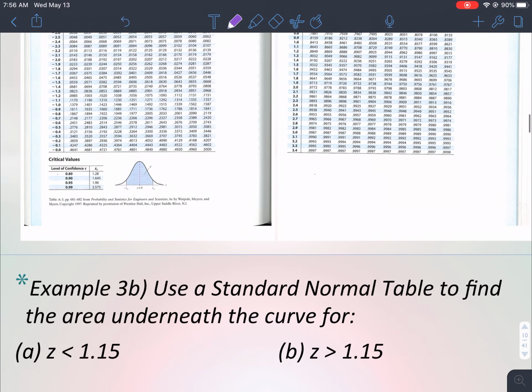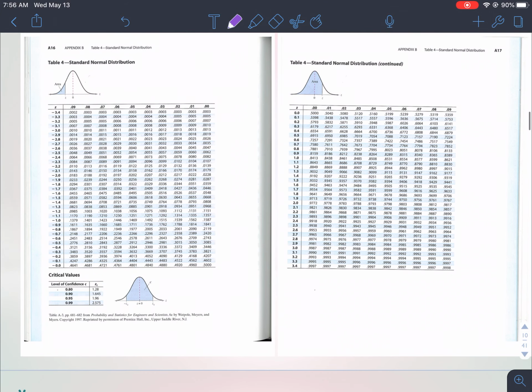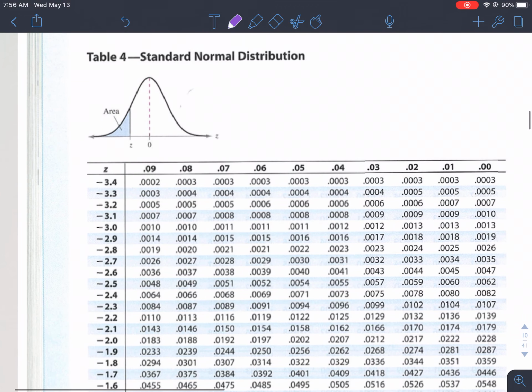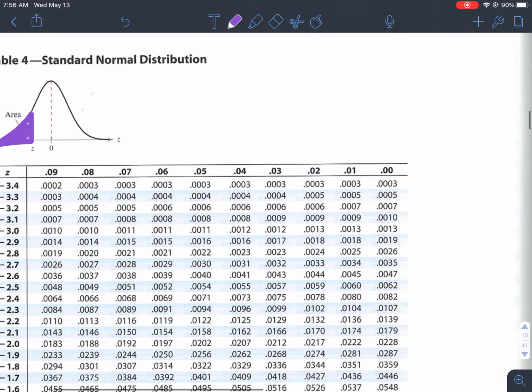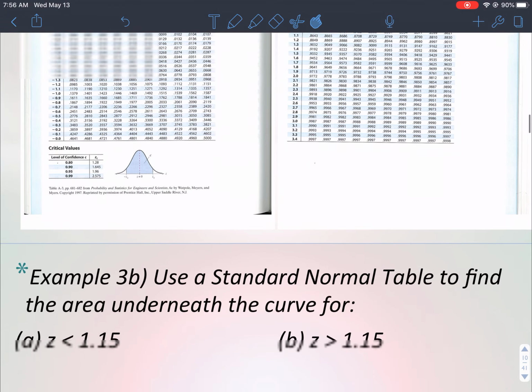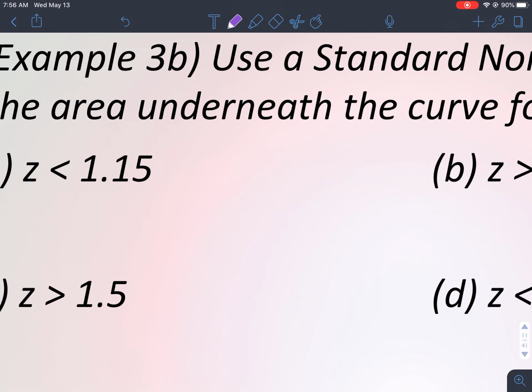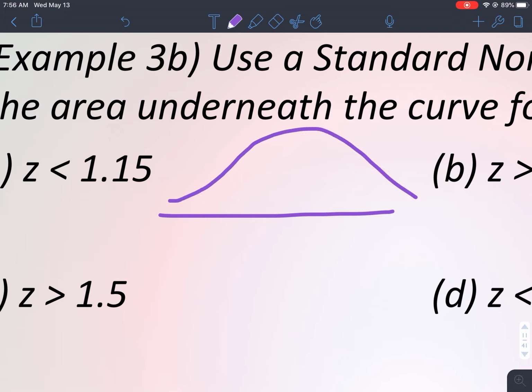If we go up to the table, remember that the table always gives the area to the left of the curve. And that's on both pages. Okay? So if we want z less than 1.15, here's our bell curve.